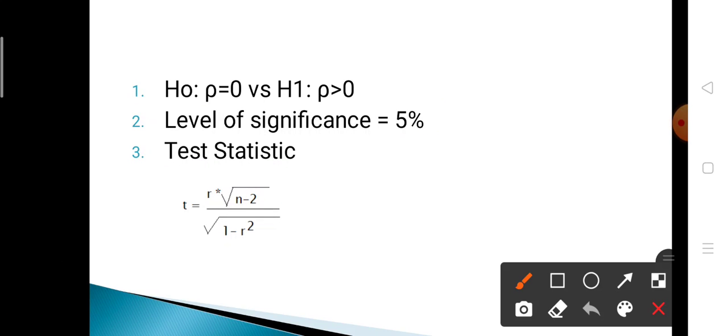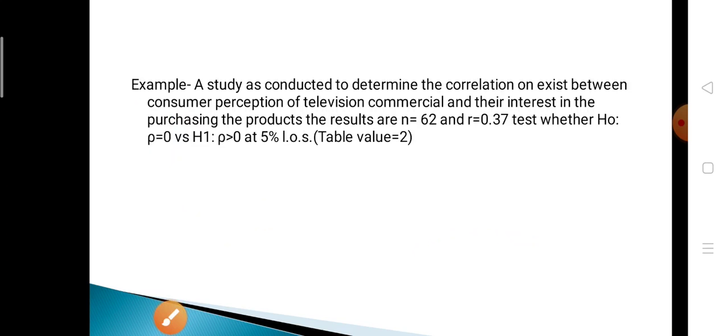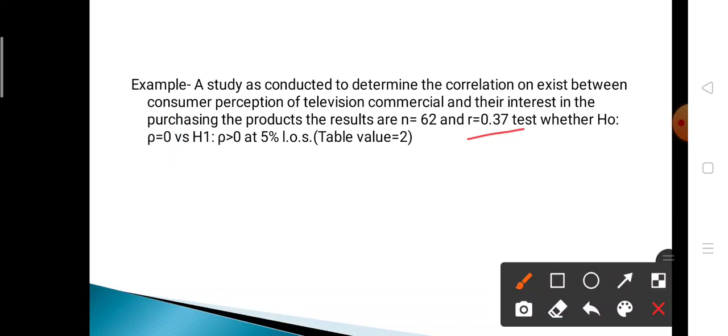t is equal to r into square root of n minus 2, whole divided by square root of 1 minus r square. Here the value of r given in the example is 0.37 and n is equal to 62.